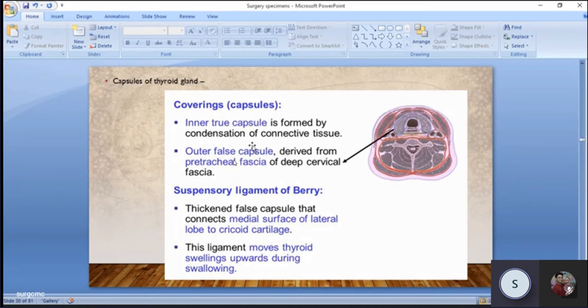This is the main reason for the movement of the thyroid while deglutition. So what is the suspensory ligament of Berry? It is a thickened false capsule that extends laterally and attaches to the carotid artery.